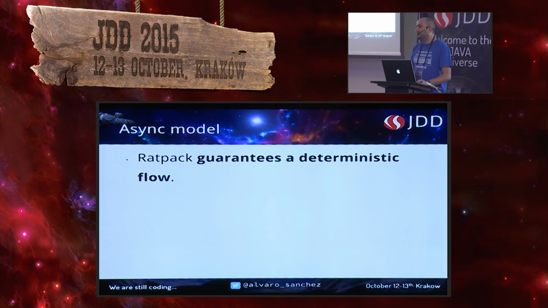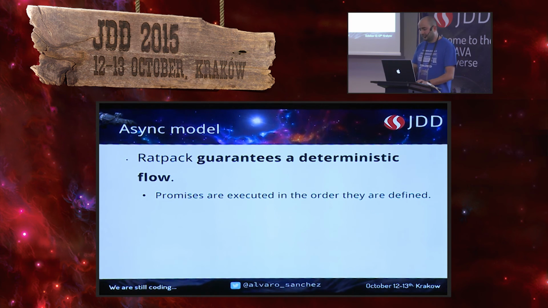The interesting thing about this is that Ratpack guarantees you a deterministic flow. So the promises, if you have worked in the past with promises or in anything like Vert.x, they are complex because you don't know when they are going to be executed, right? But in Ratpack, you have the guarantee that they will execute in the order they are defined.